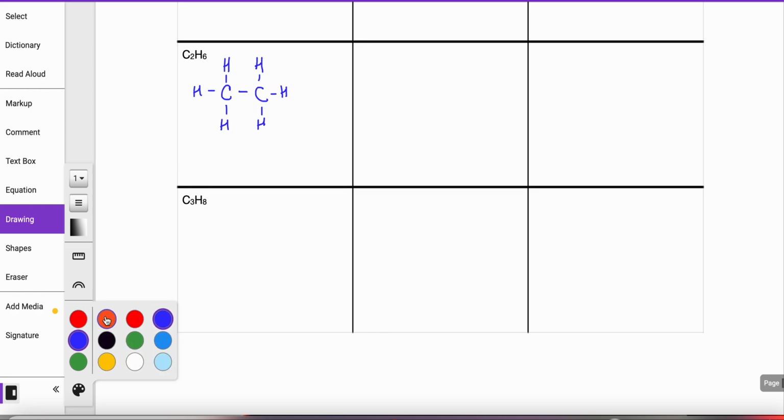So because this is a 2 carbon parent chain linked together with a single bond, we know between table P and Q that this is simply ethane.